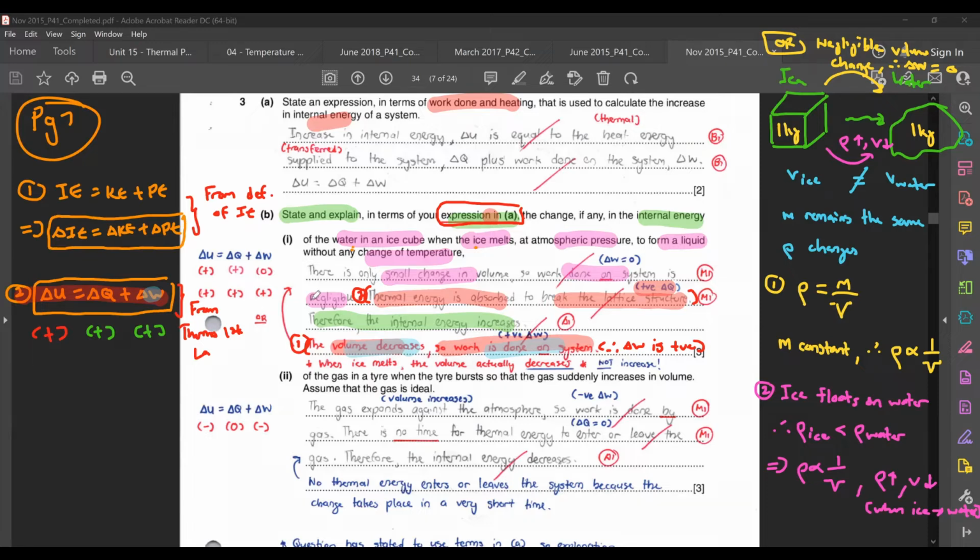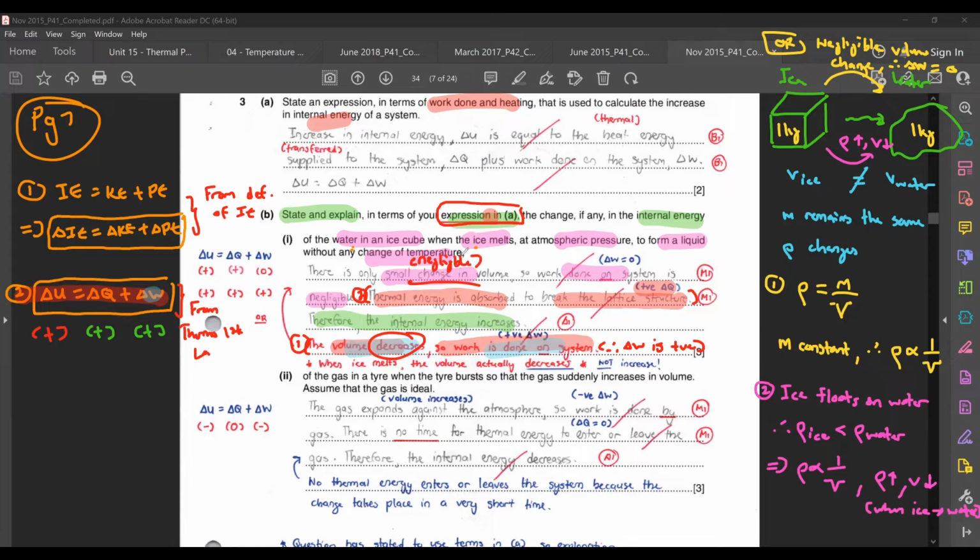All right, usually for your thermal properties chapter, for the past year exam questions that talk about ice melting into water, you can have two different answers for the volume change. Either you explain it as volume decreases, or your volume change is negligible.